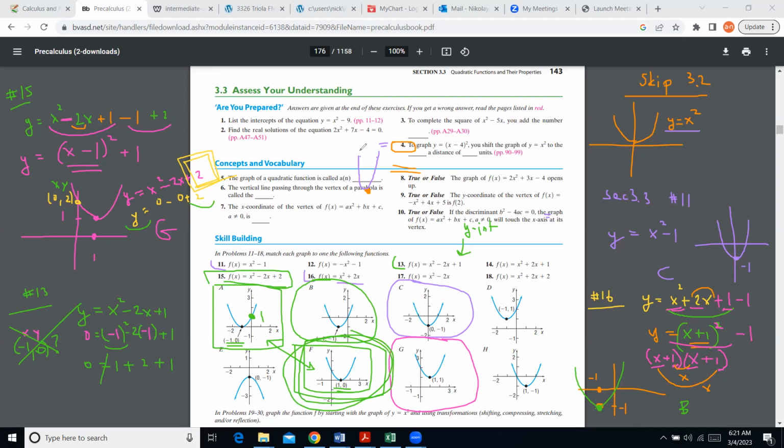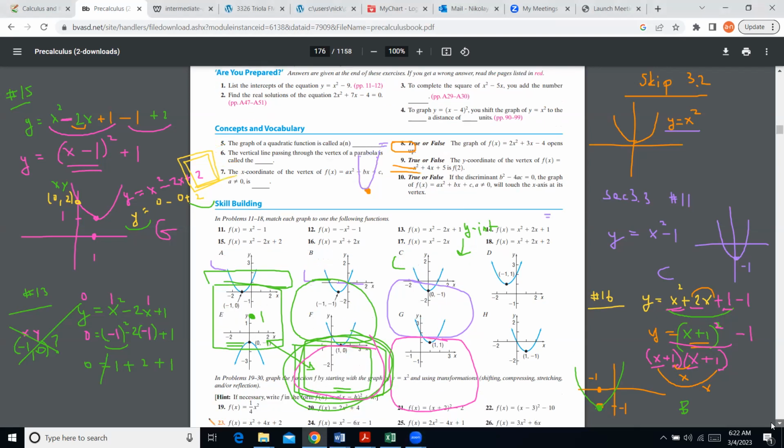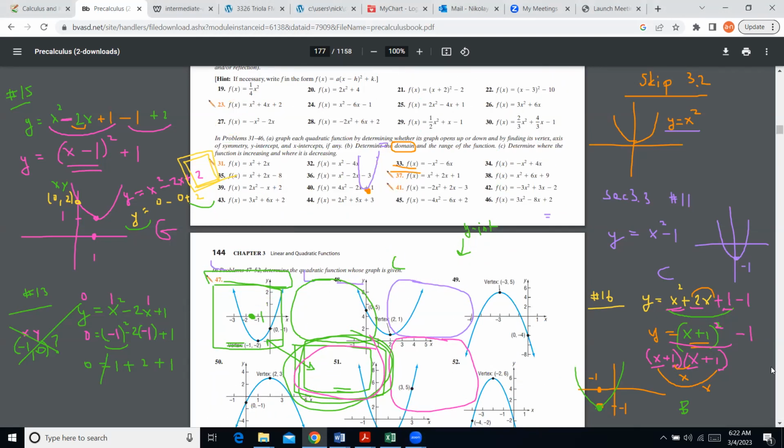And indeed, if you check that one out, if you replace x with the number 1 here, you will see that 1 minus 2 plus 1 will indeed be equal to 0. So that graph works. So the message is that there are various ways to do these problems, but today I want to introduce to you this completing the square process, and that's referring to the next group of exercises.